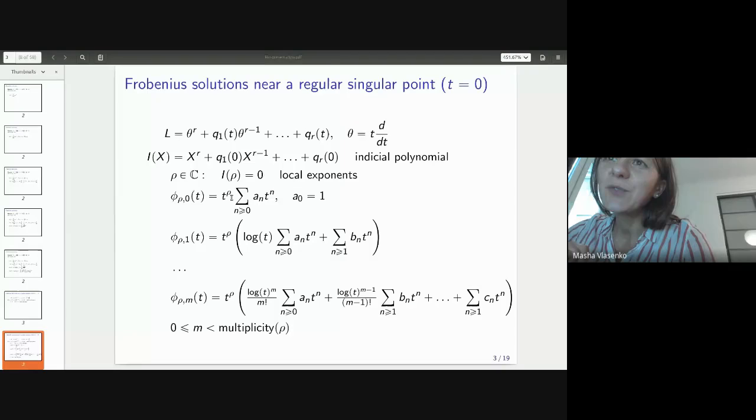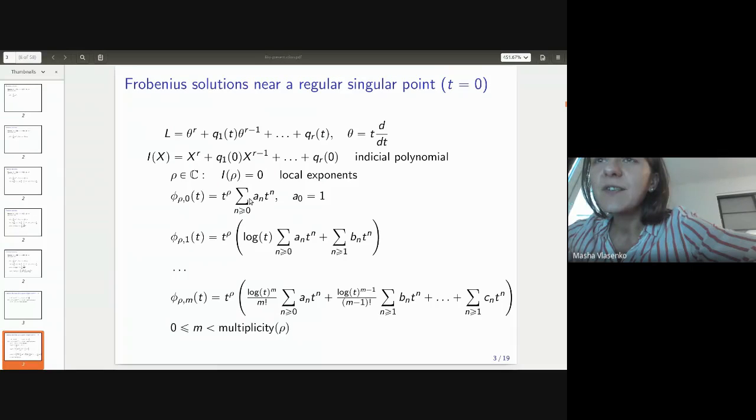I don't want to tell you what happens if something is resonant, or if you have two local exponents that differ by an integer. I just wanted to remind you for now what Frobenius solutions are, and please look at the screen. The way they are defined here, they are unique. So this is a normalization.